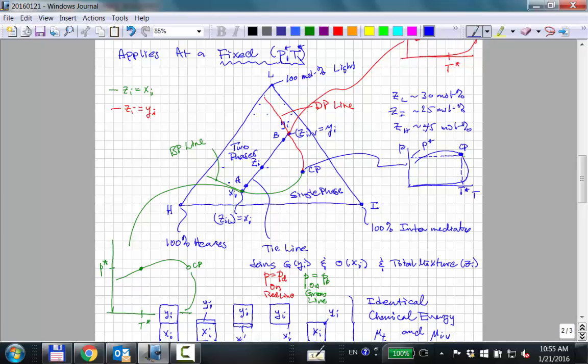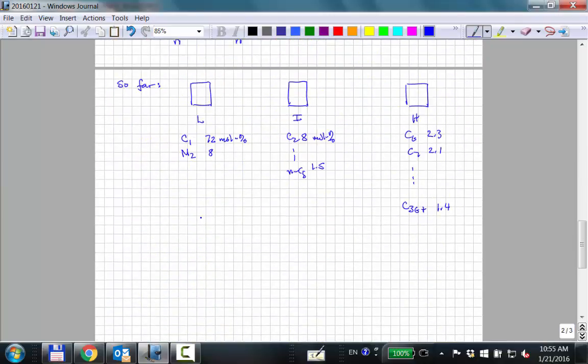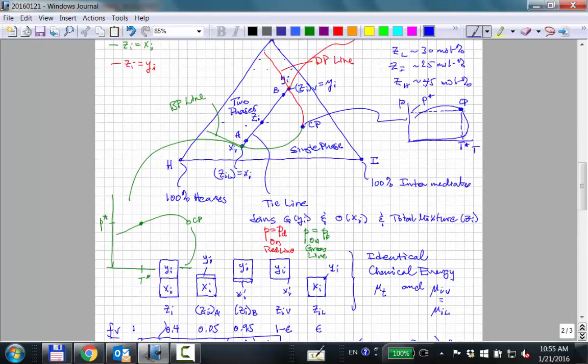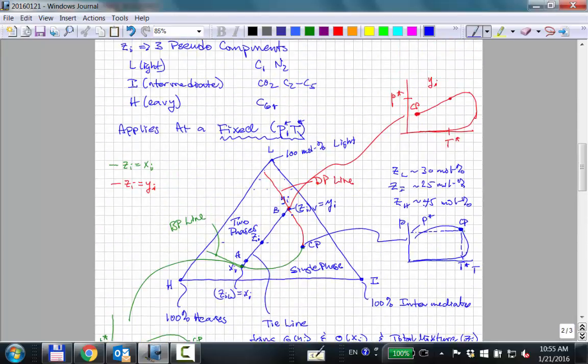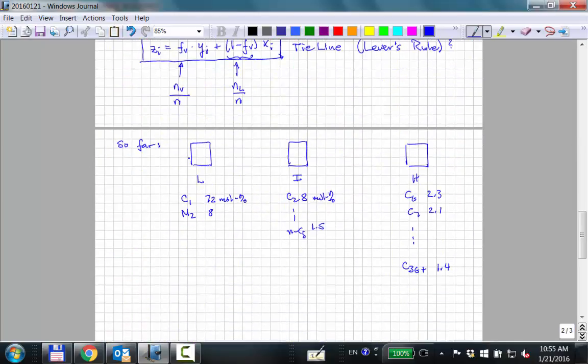Okay. Now we have a problem in this ternary diagram. We created this diagram by mixing together the lights and the intermediates and the heavies in different proportions, right? To map the whole thing. But the problem is that if we look at the composition of yi for the light component, so this is our zi.